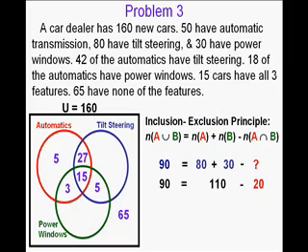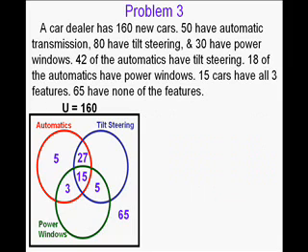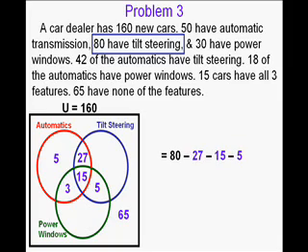Well, now that I know that's 5, and I know that all the tilt steerings add up to 80, I can subtract those 3 numbers, the 27, the 15, and the 5, from the 80, and get 33.